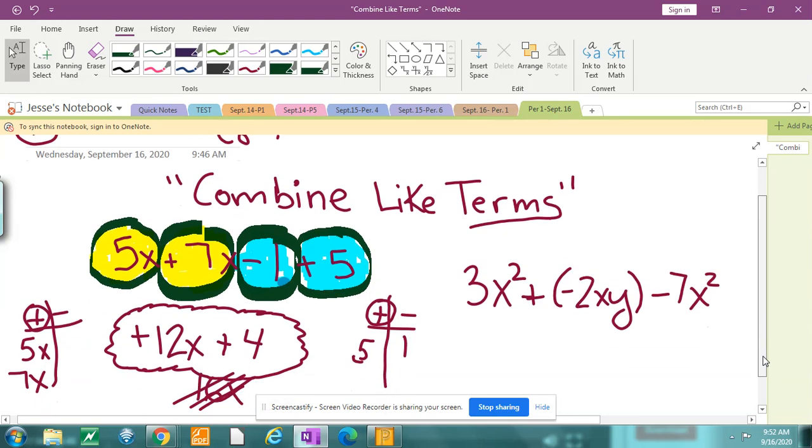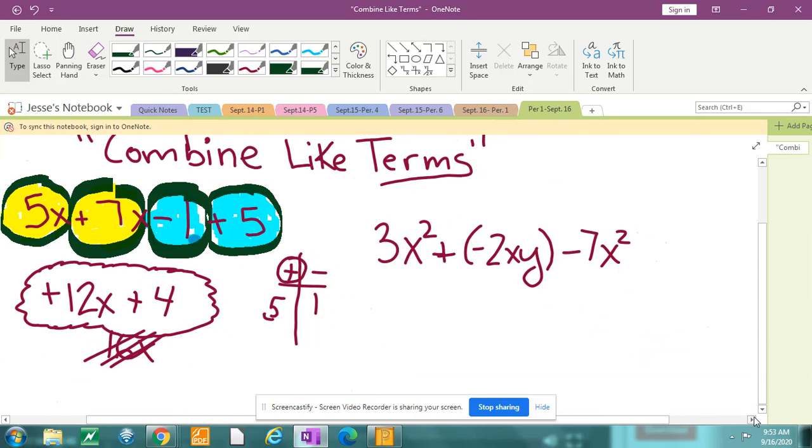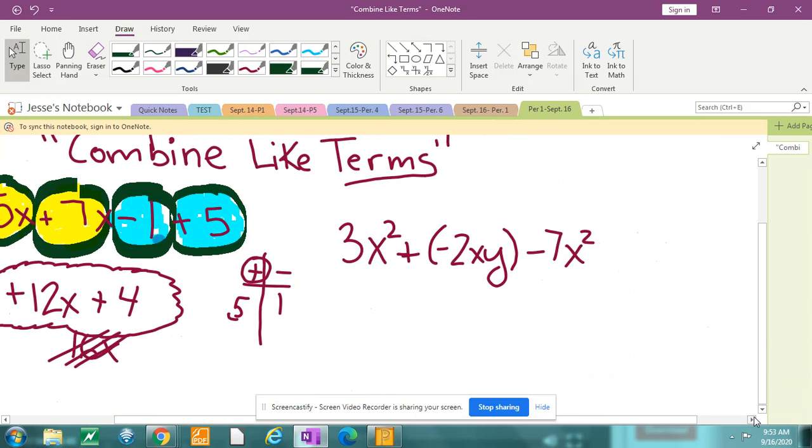Sorry. See, that's pretty cool because then I could go this way. Oh, I didn't even know that. And then what if I put minus 2xy.